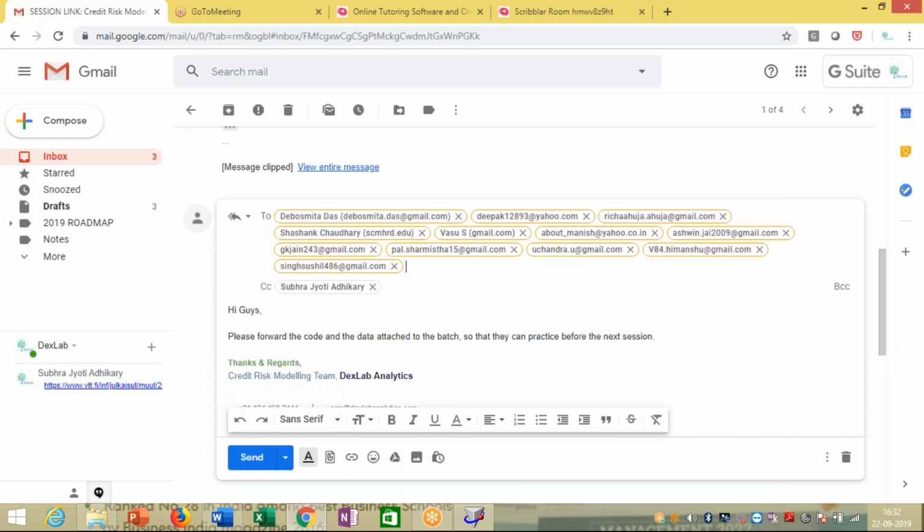Okay. Akhilesh is given there. Devasmita is there. Deepak is there. Sushil is there. Vasu is there. Fine. I've done it.